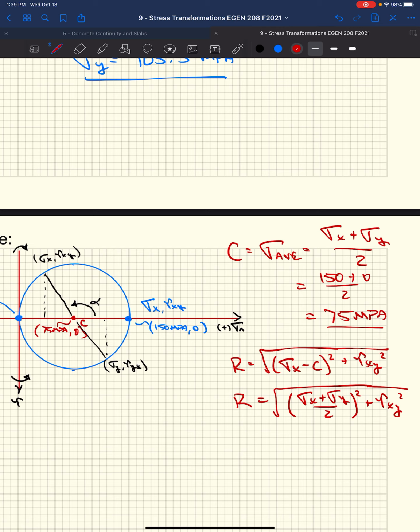You got rid of a sigma x. I got rid of sigma x and the center and replaced it with the average stress, because sigma x minus the center is the same as saying the average stress. This magnitude here, the center, is always going to be the magnitude between these 2 points, which is the average stress.